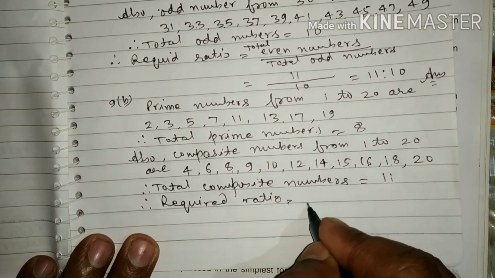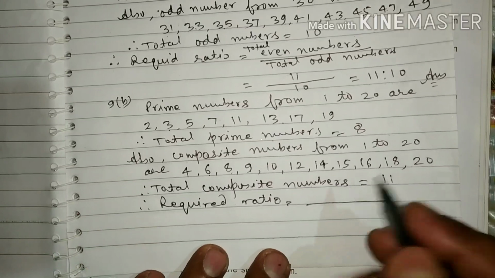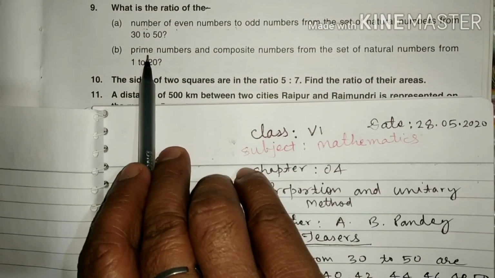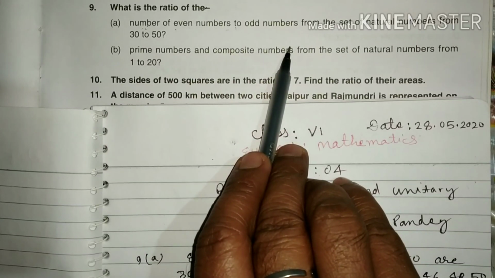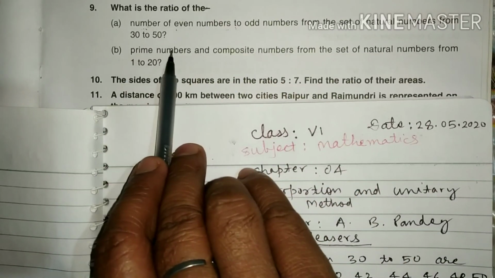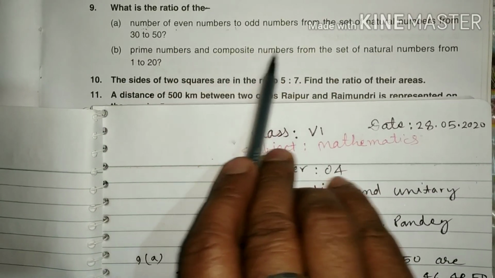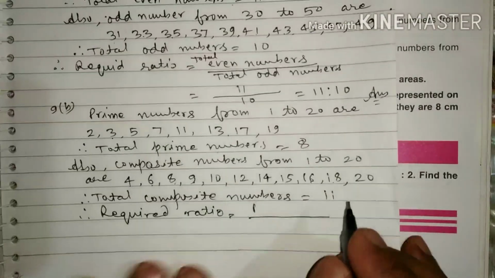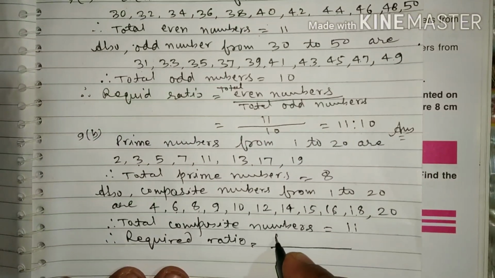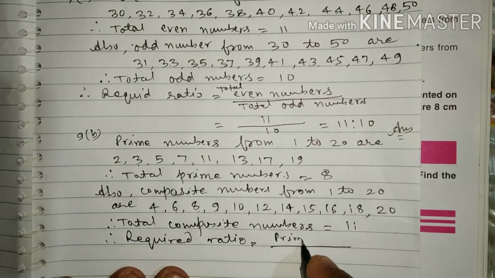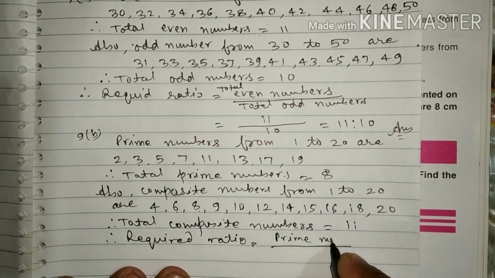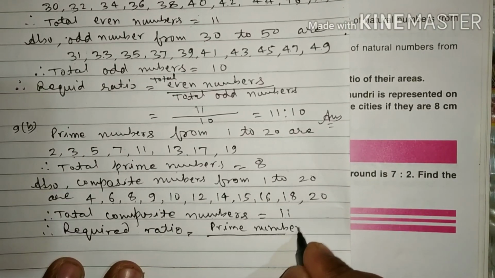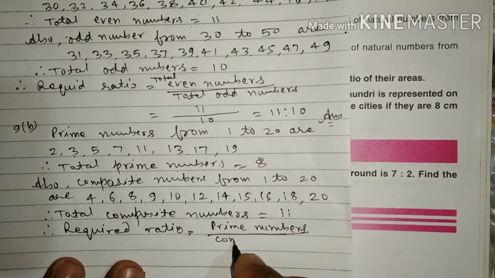Therefore, required ratio. We have to find the ratio of prime number to composite number. So we write prime number in the numerator and composite number in the denominator. So prime numbers by composite numbers.